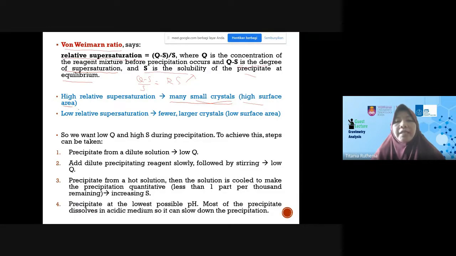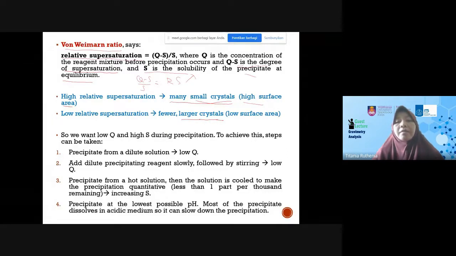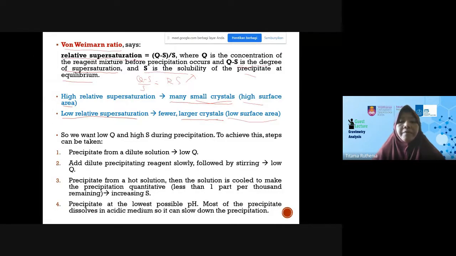However, in this case, because we talk about gravimetric analysis, we want larger crystals, as large as possible, so that it will be easier to filter, dry and weigh in a certain form. So we want low relative supersaturation, or low RS, so that we will have fewer but larger crystals. It means it will have low surface area.